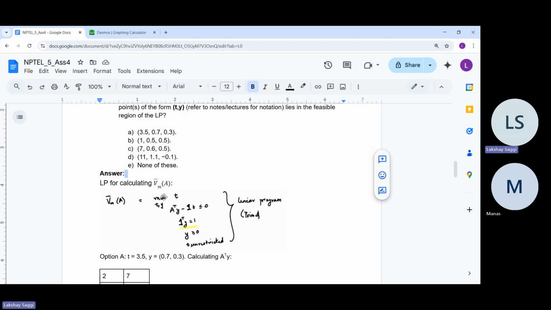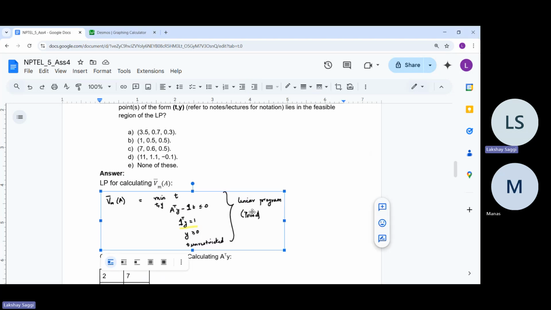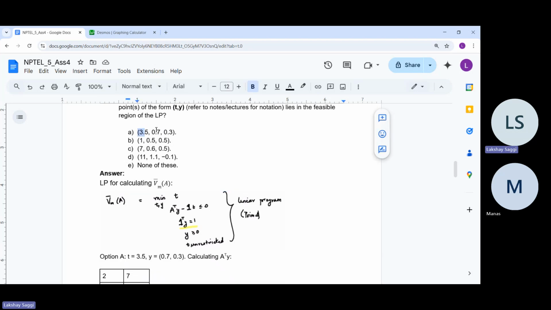This is nothing new, just straight from the lectures. And now what we want to check is, for all these options A, B, C, D, whether these options satisfy this linear program or not. For example, we are not really concerned with this objective function's optimal value.